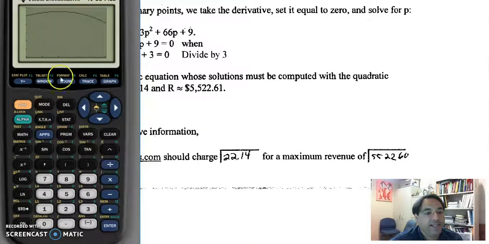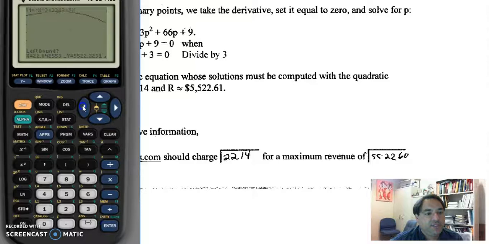So we're trying to find the highest. So if I hit second trace, number 1 for value, 22.14 is what we think the answer is. When I hit enter, it actually goes to the highest point and shows us that the most amount is 5,522.61. Another way to check it is if you hit second trace, we're looking for maximum, number 4.